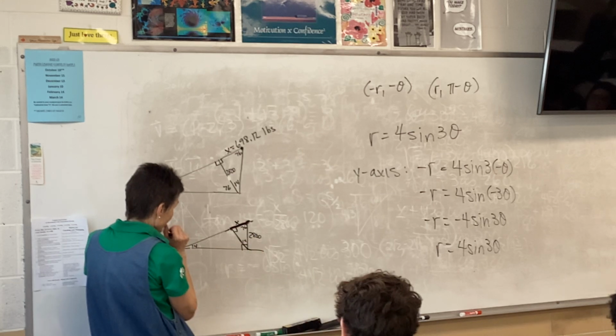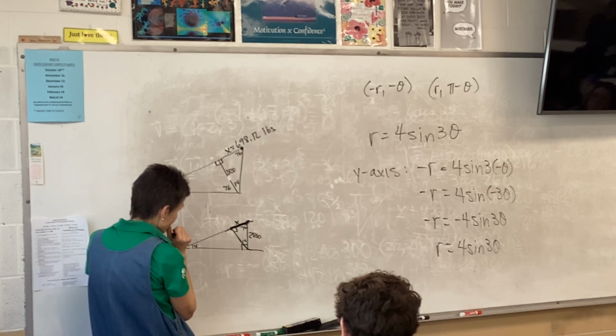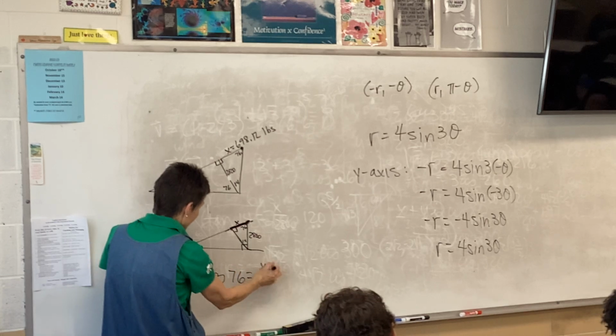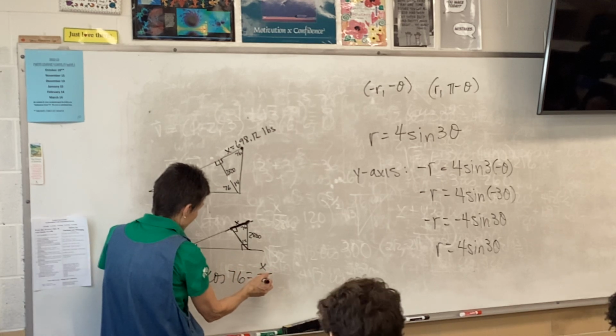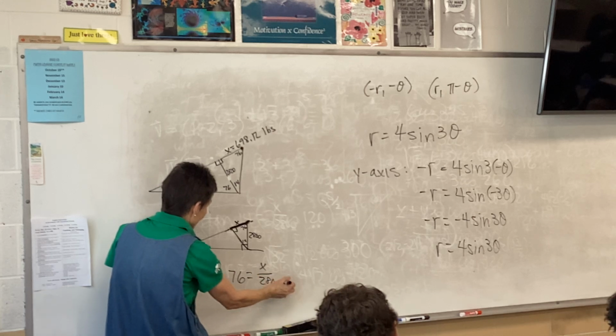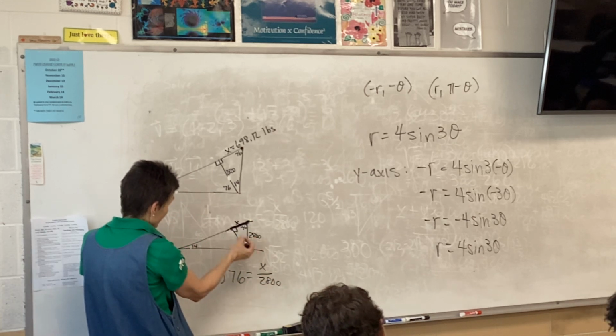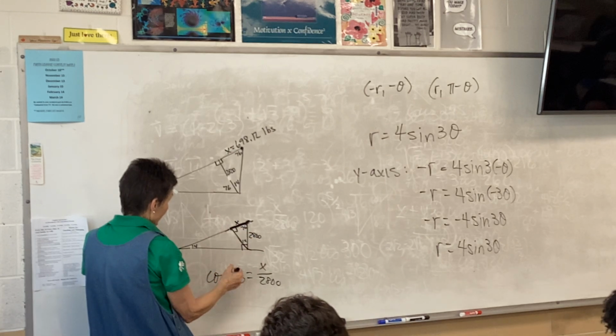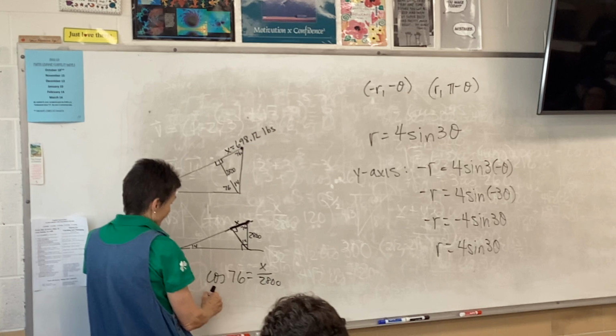So what function am I going to use now? Cosine 76 equals x over 2800, because this is the hypotenuse of that little right triangle. Thank you, Sammy, you are exactly right. So what is that?